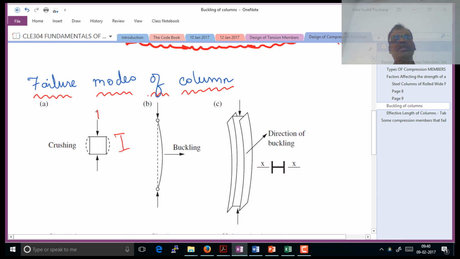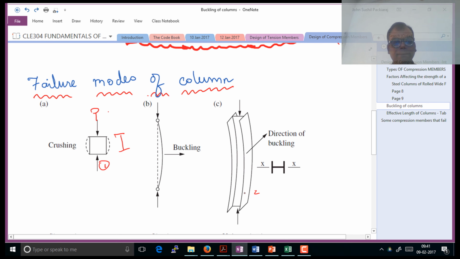So suppose P is taken by this column, and let us say that both column 1 and column 2 have the same area of cross section.